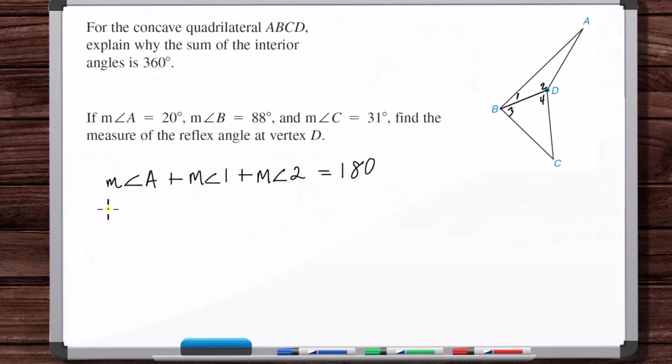Okay, and now we can also say that the measure of angle C plus the measure of angle 3 plus the measure of angle 4 is also 180.